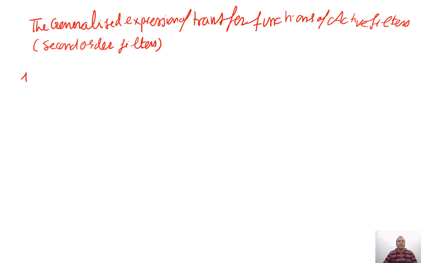So first let us talk about low pass filter, right? If you remember the first order, what was the transfer function of the filter? H(s) equal to some constant in the numerator divided by 1 plus s by some frequency, that was 1 by RC if you talk about low pass.